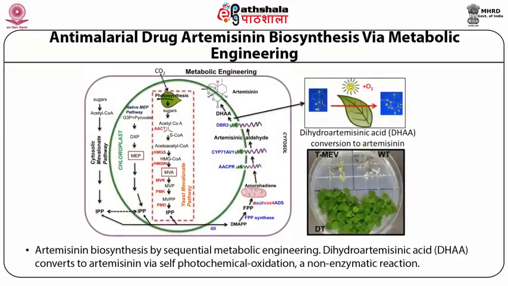Since we have shown previously that we can increase the IPP, which is required for the biosynthesis of different molecules and drugs, we further extended this pathway and diverted this higher IPP to produce the anti-malaria drug artemisinin. The red genes show, inside the chloroplast in the dotted box, the yeast mevalonate pathway producing higher IPP.